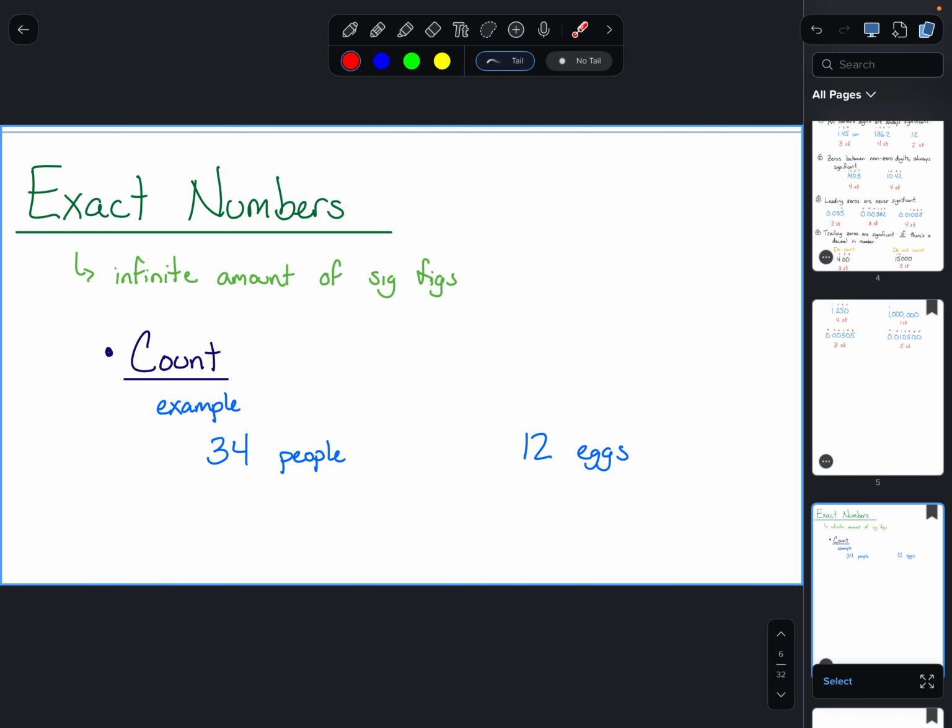This isn't something that we measured, it's something that we counted. So counts have an infinite number of sig figs. The nice thing about things that have an infinite number of sig figs is they do not limit your sig figs in calculations. And that's our next step, talking about calculations and how to deal with sig figs. If you have an exact number in there, you don't have to worry about it.